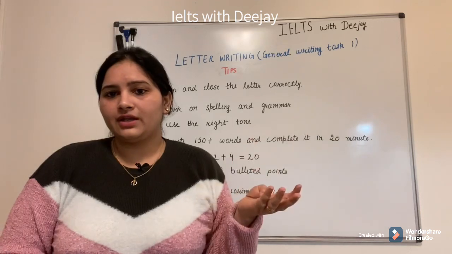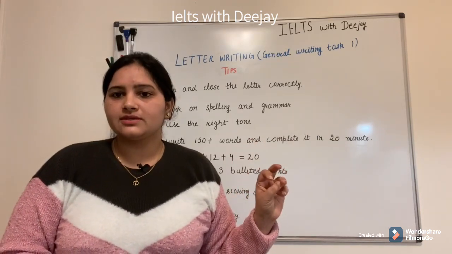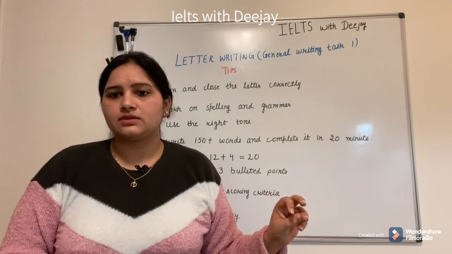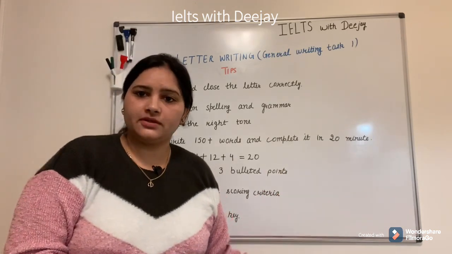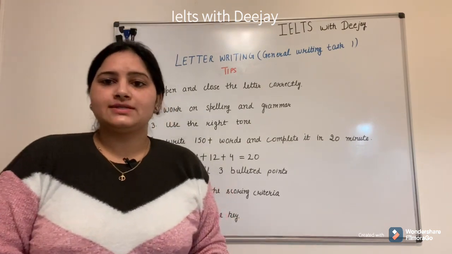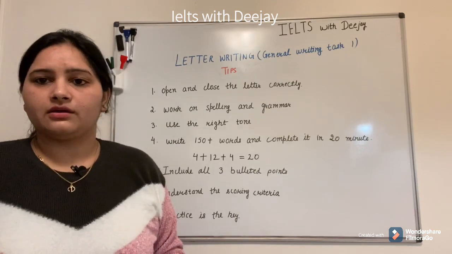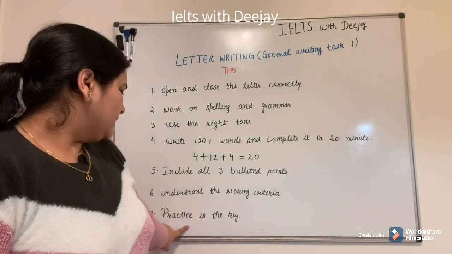We have 4 criteria: task achievement, coherence and cohesion, lexical resource, grammatical range and accuracy. If we are lacking in one of them, then our score will be less. So we need to understand in which criteria, in which way we are lacking. So practice is the key.